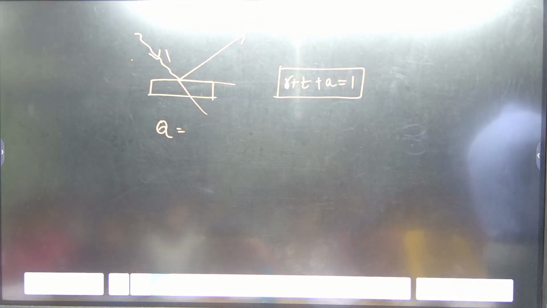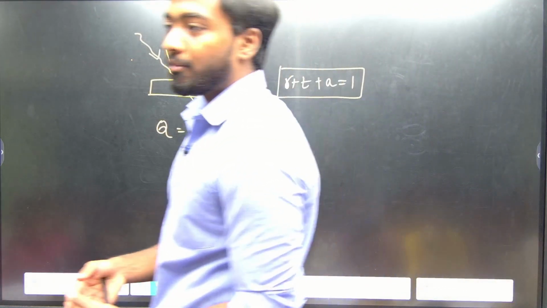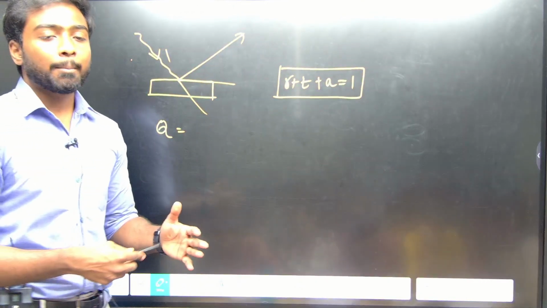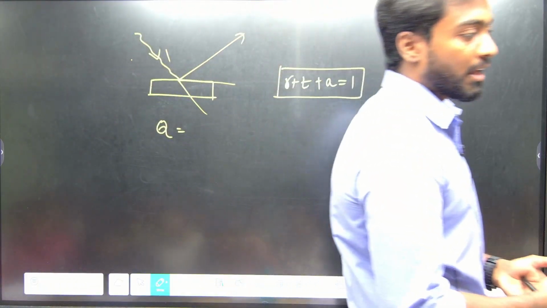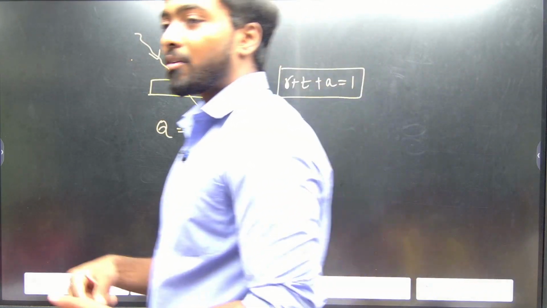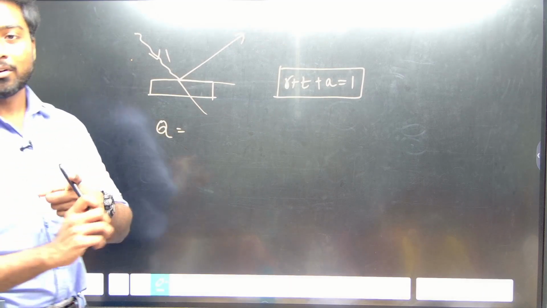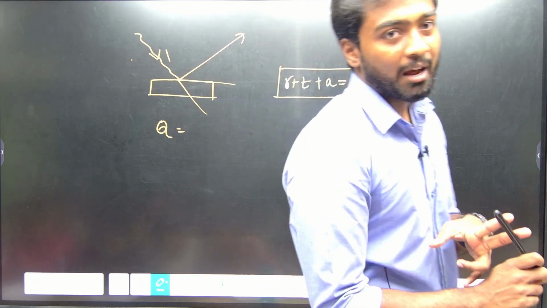Write the first point: emissivity is the ratio of the emissive power of any body to the emissive power of a black body.